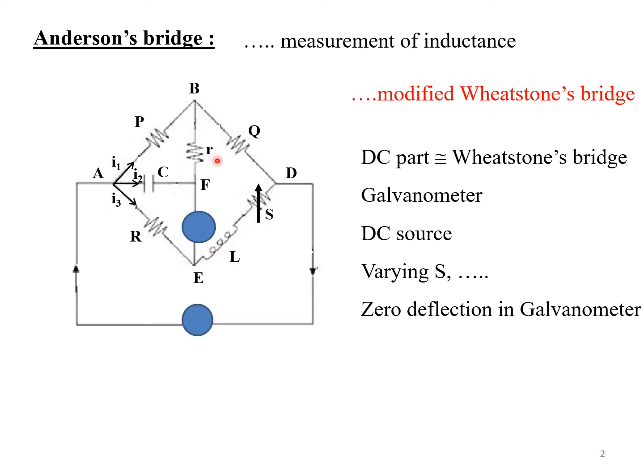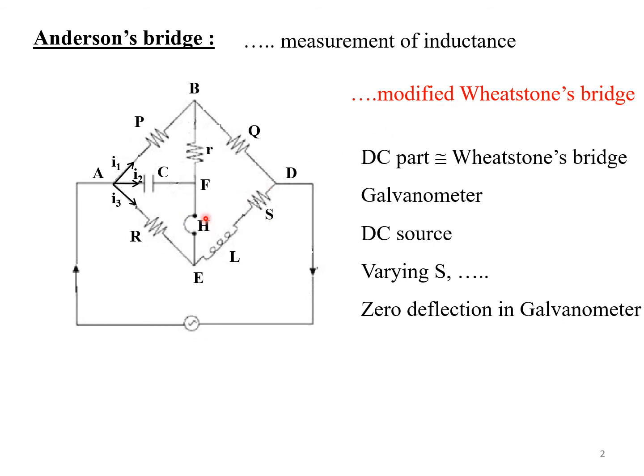If in this particular place, namely the headphone H and this particular source, we make use of a battery and a galvanometer, then that is called the DC part. And in that particular case, we have to vary this particular resistor S for the zero deflection. The basic principle of Wheatstone's bridge that you have studied in your PUC remains the same.